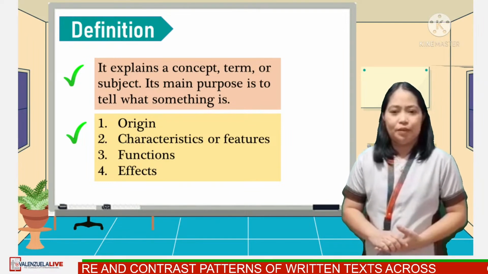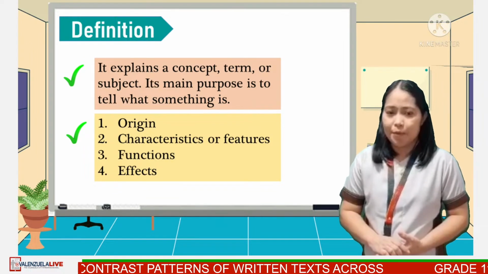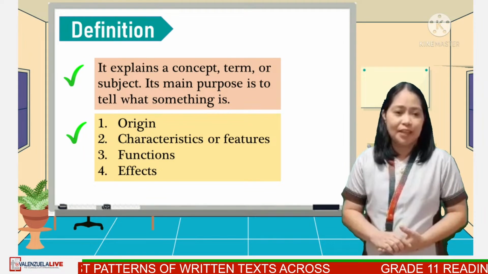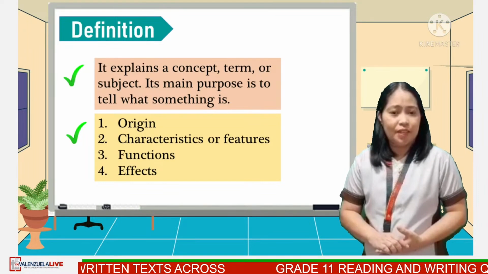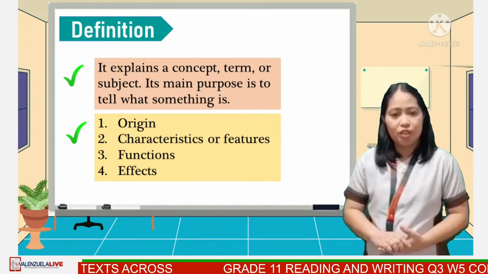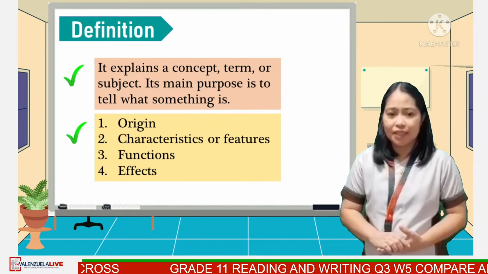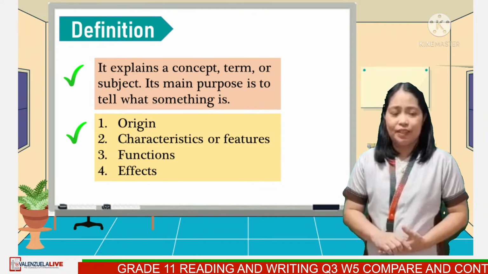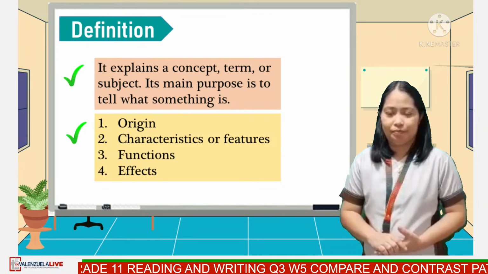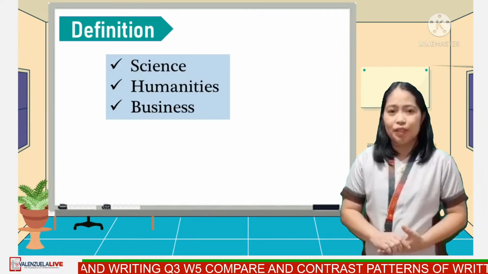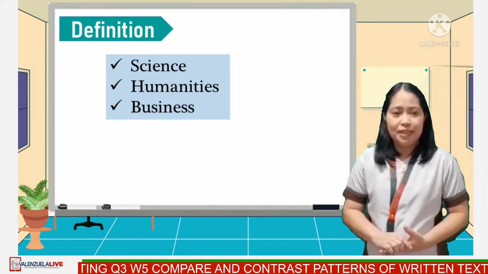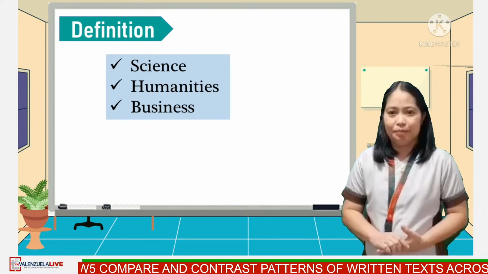For example, if you are writing a paper to explain the benefits of vaccine against COVID-19, you might begin by giving the definition, functions, and effects of vaccine as it relates to the thesis of the paper. This pattern of development is commonly used in sciences, humanities, and business.